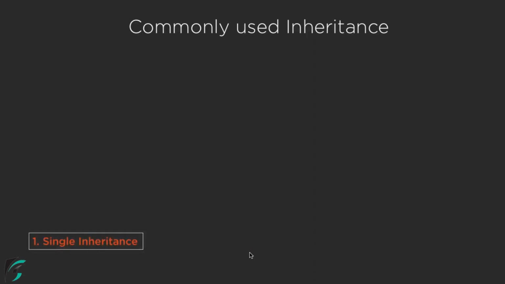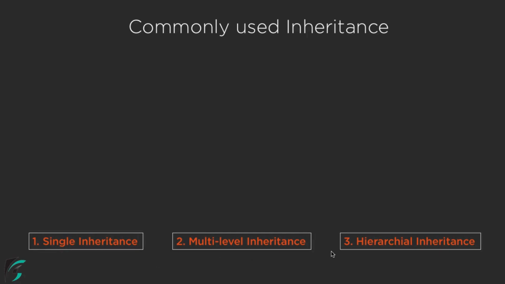Proceeding, let us check out what are the commonly used inheritance in Dart. Now in Dart we have single inheritance, multi-level inheritance and the hierarchical inheritance. Let us first check out the single inheritance, where we have class B and this class B inherits from class A. So in this case we can call it as single inheritance where we have just one class inheriting from another class.